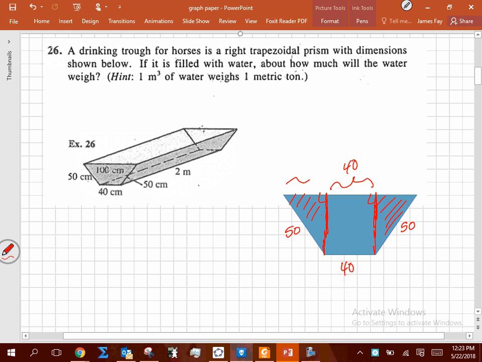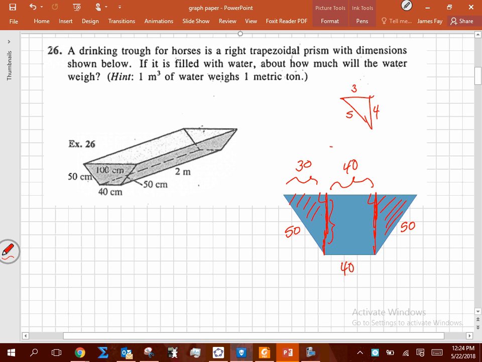So how big does that have to be if this whole thing is said to be 100? 30. Now that's 30, that's 50. What does this have to be? It's got to be 40. It's a 3, 4, 5 triangle, isn't it?